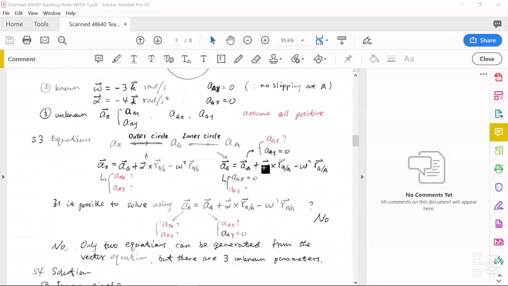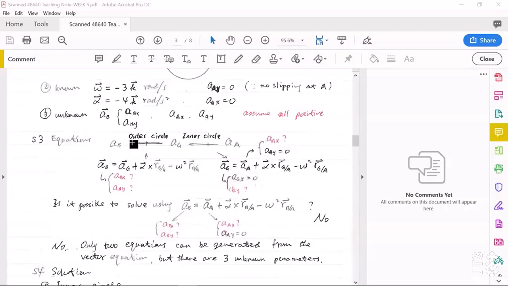Now, what equations can we use for solving this problem? For solving this problem, we need 2 equations. One is about the relationship between AB and AG.